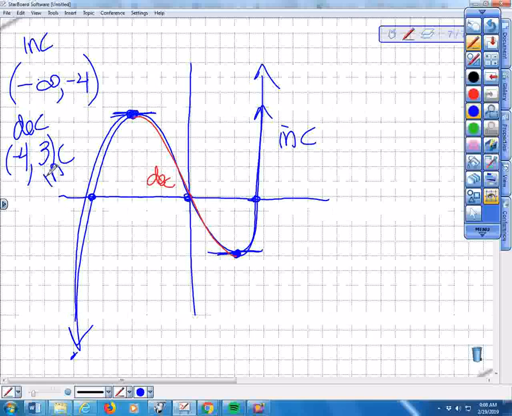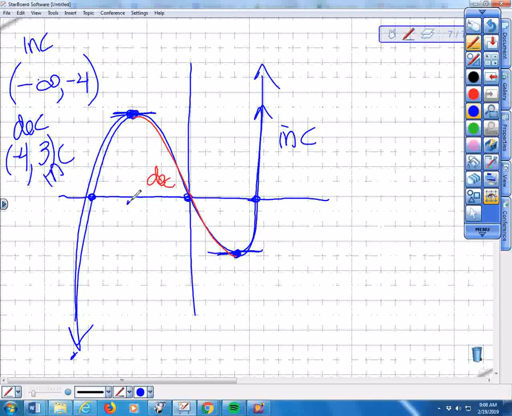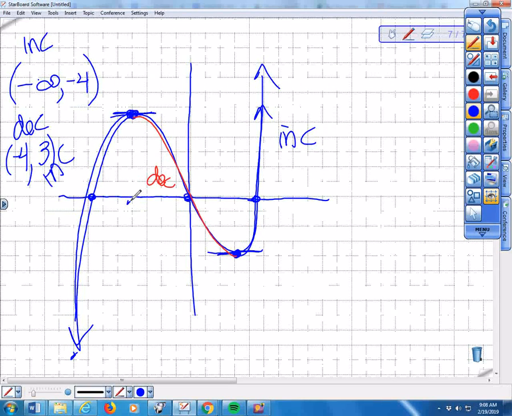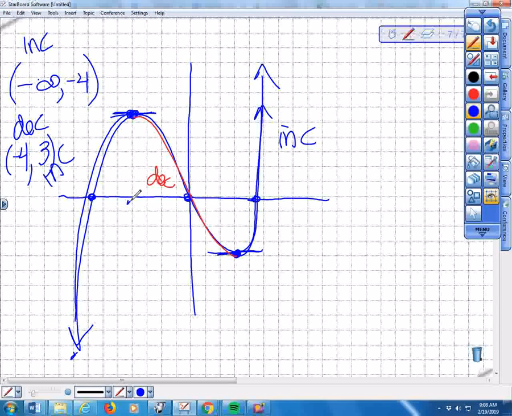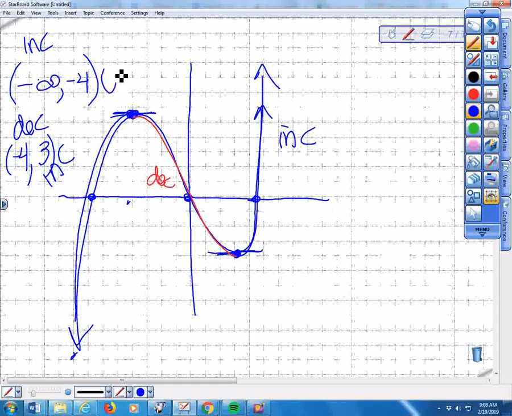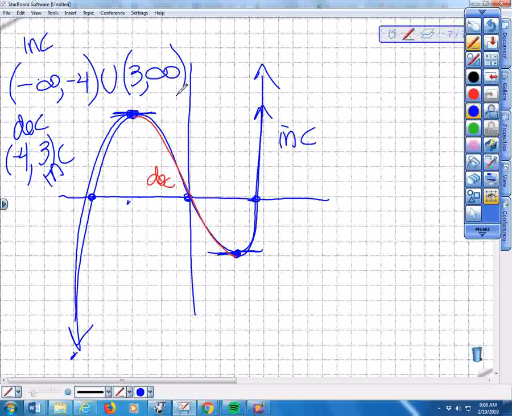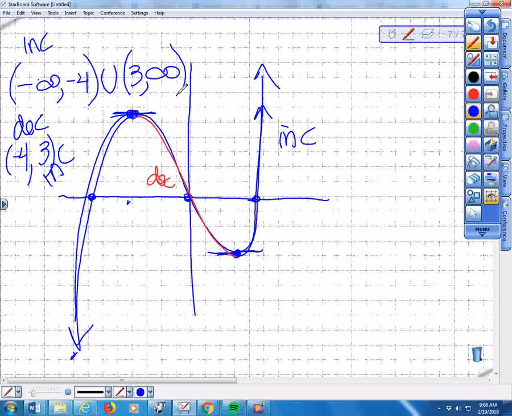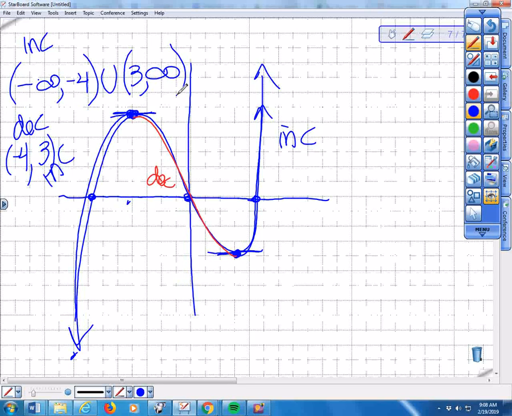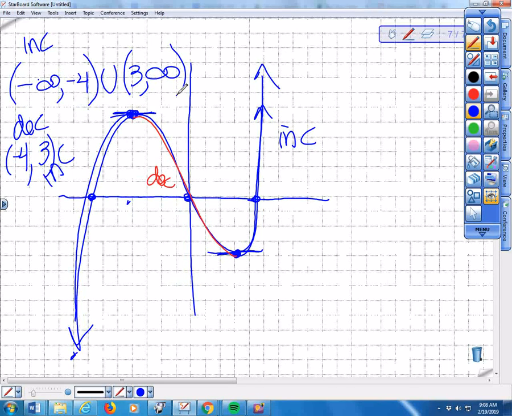That's where it's decreasing. And then it shoots off and increases again from 3 to infinity. I can do a union, 3 to infinity. Does that make sense? Talking about increasing and decreasing.